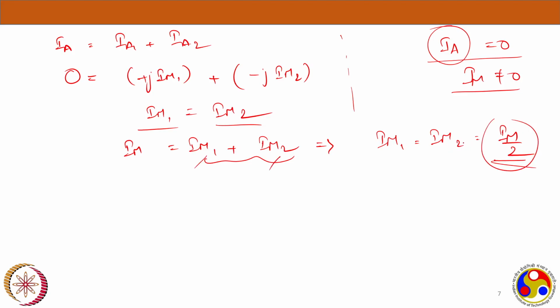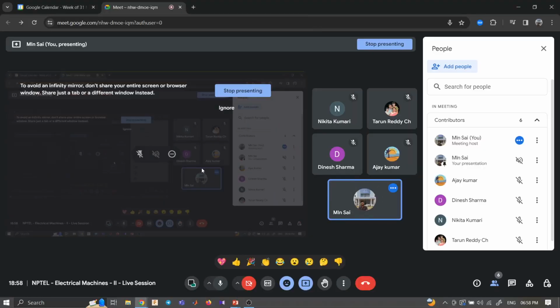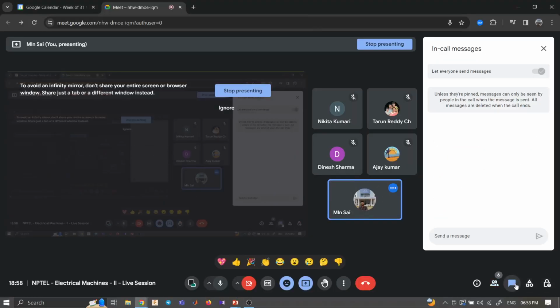So I will consider one sequence at a time, and I will see how this motor operation would be.